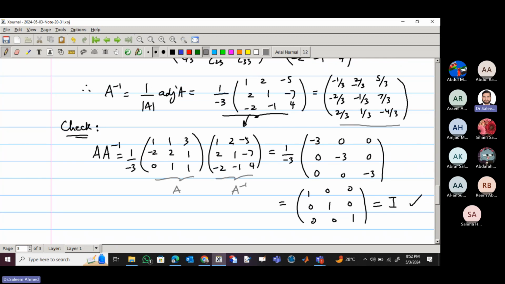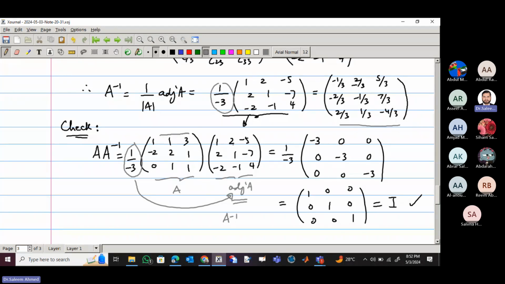This is also the inverse, right? 1 over 3 into this matrix. So I wrote this 1 over 3 at the beginning, and I wrote only the adjoint here. This is not the inverse, this is basically the adjoint, but this with the 1 over 3 is basically A inverse. So it was easy to multiply these two matrices. That's why I wrote 1 over determinant of A separately.